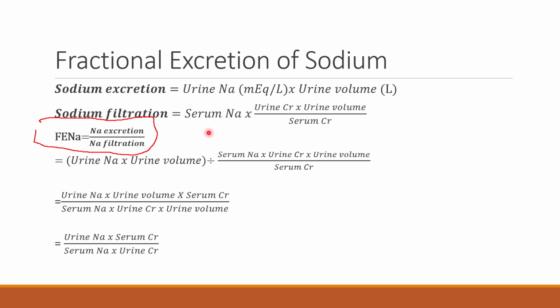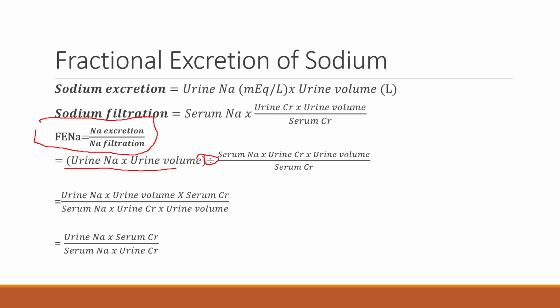And the sodium filtration is the serum sodium times the urine creatinine times urine volume divided by the serum creatinine. So when you put them in the formula, you have this one here. So this one is a division.